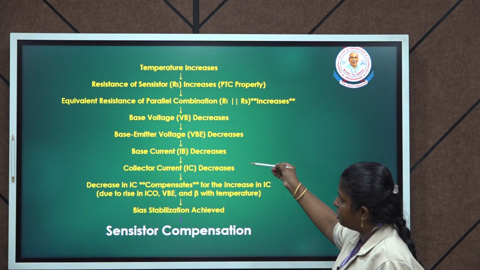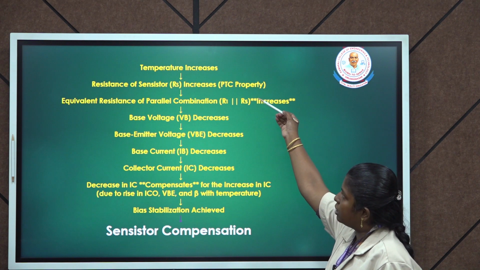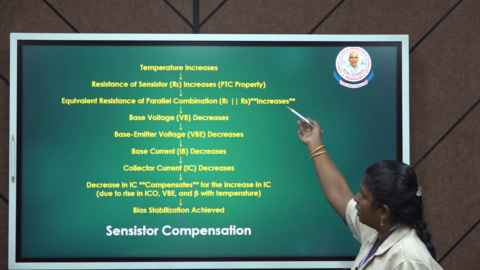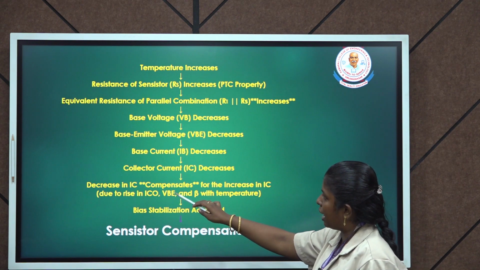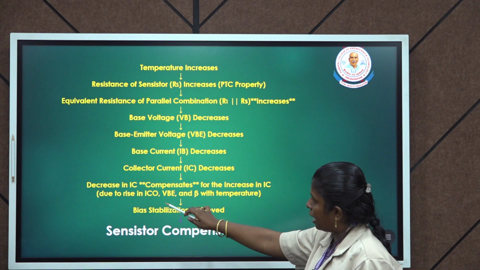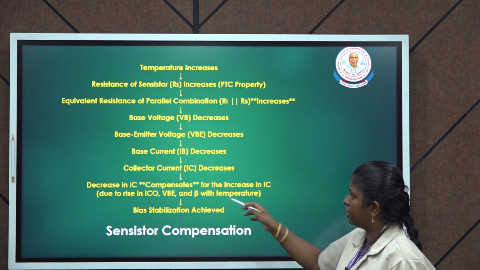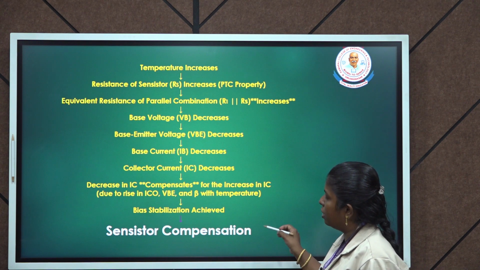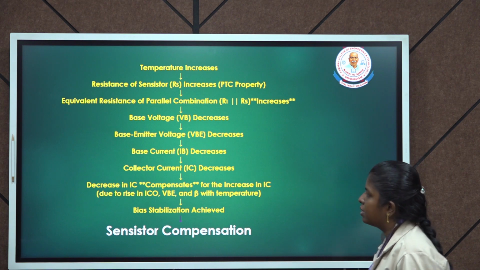The base current decreases and the collector current decreases because of the increased resistance of the sensistor due to the temperature. This decrease in IC compensates for the increase in IC due to the rise in ICO, VBE and beta with temperature. So it also stabilizes the biasing of that particular circuit, and this is the flow chart of the sensistor compensation method.